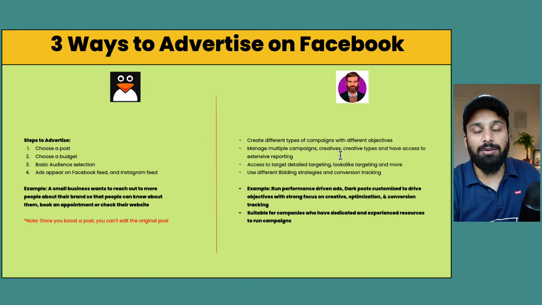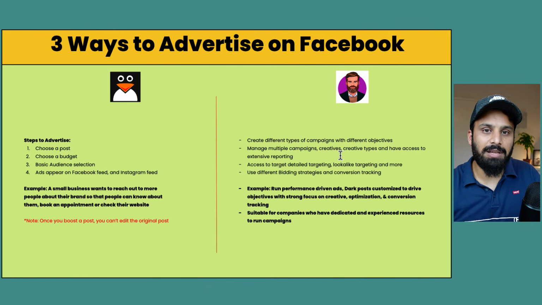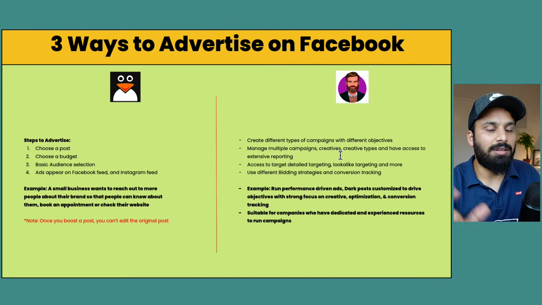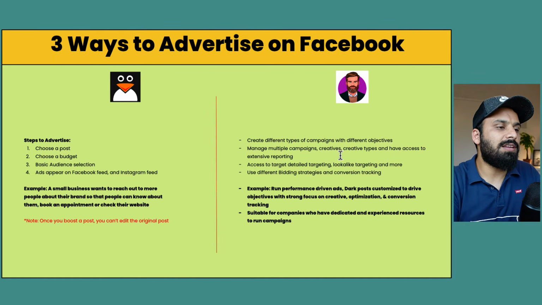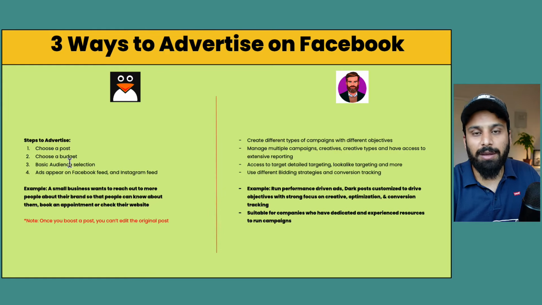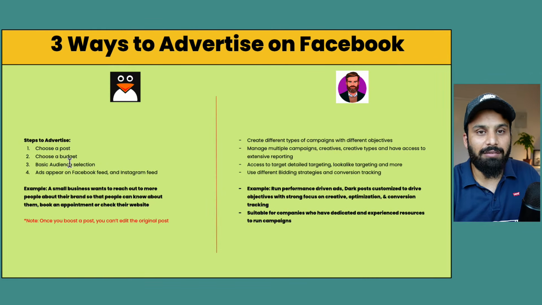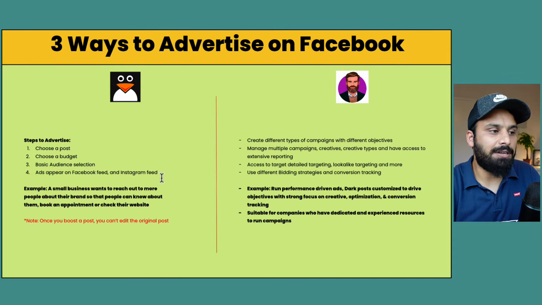However, the ads you run using Ad Manager appear on a lot of other placements, which we discussed last time, like on third-party websites, on the right corner, on Messenger, and stuff like that. But if you are doing a boost post or promoting via page, then your ads will only appear on Facebook feed and Instagram feed, right?